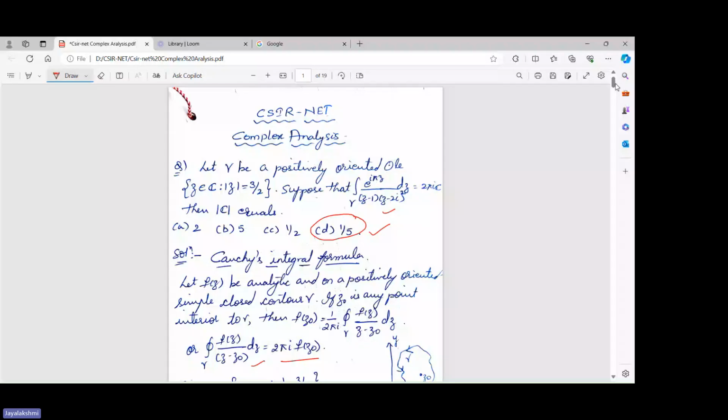Today, as you see on my screen, there are a few questions related to CSIR NET, and these questions were previously asked. The question appearing on the screen is related to complex analysis. Let gamma be a positively oriented circle defined by z belongs to C such that mod z is equal to 3 by 2.